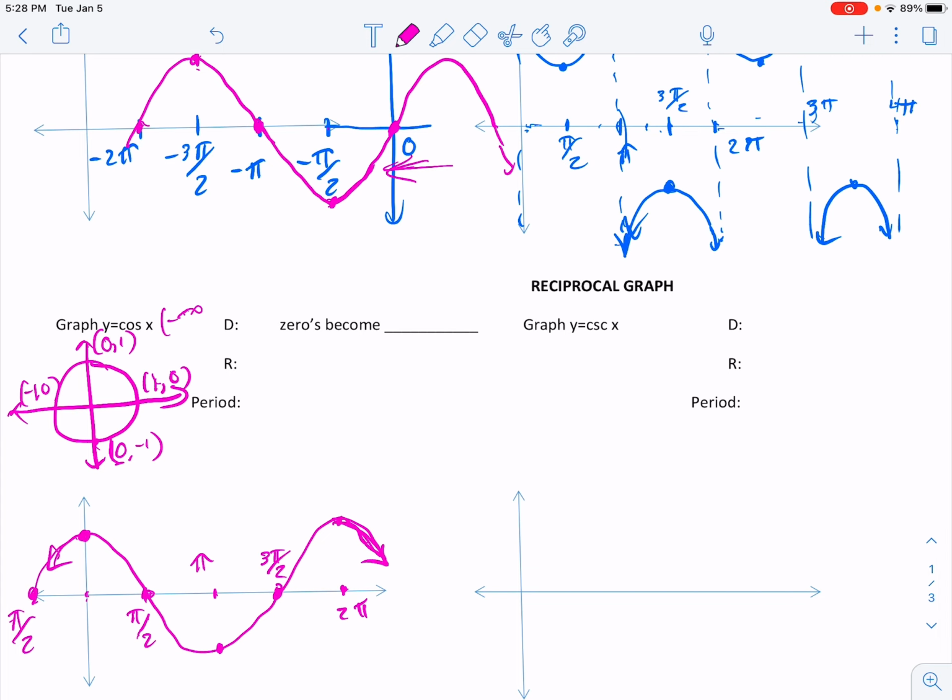The range is the same, negative 1 to 1. Remember, just like before, your zeros become asymptotes. So at pi over 2, 3 pi over 2, negative pi over 2, 5 pi over 2, I've got asymptotes.